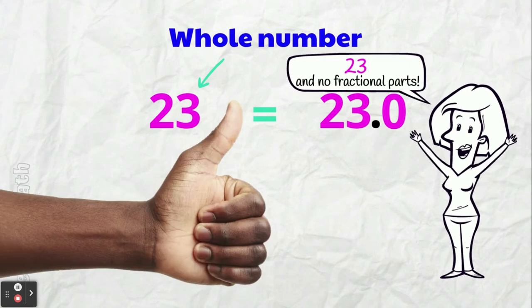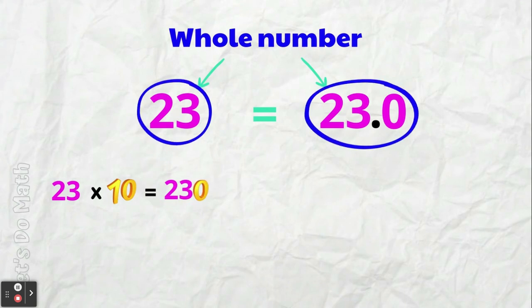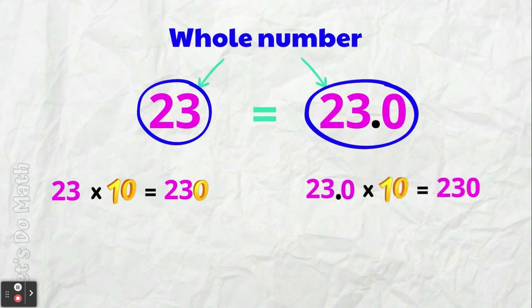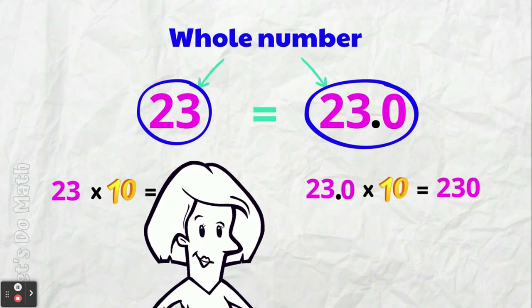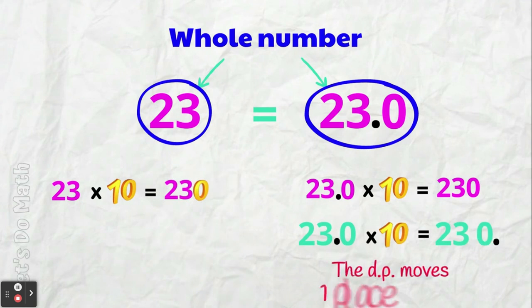No big deal there. When I multiply 23 by 10, you know we'll get 230, because when we multiply by 10, we put a 0 on the end. These two values are the same. So if I multiply 23.0 by 10, the answer will be the same. Look what happens with the decimal point as we do that multiplication. The decimal point moves one place to the right. 230 point.